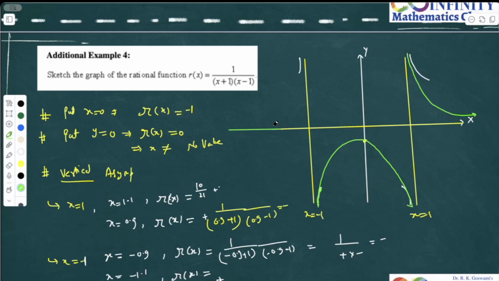You can just try to figure out the values, they are positive or negative. You need to have some values. You can pick a value, like if x is going to be minus 5, is it going to be negative or positive? Certainly it is going to be positive. The graph will go like this, because both are asymptotes for you.